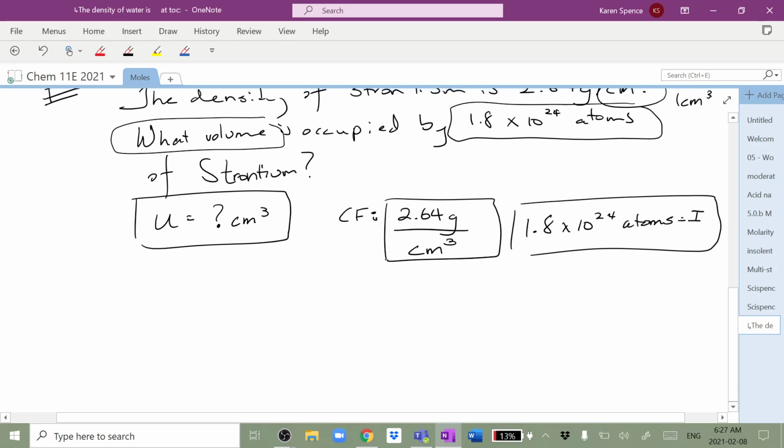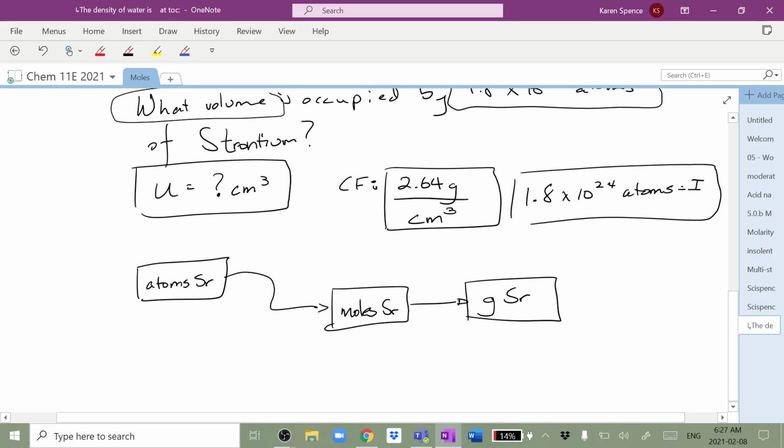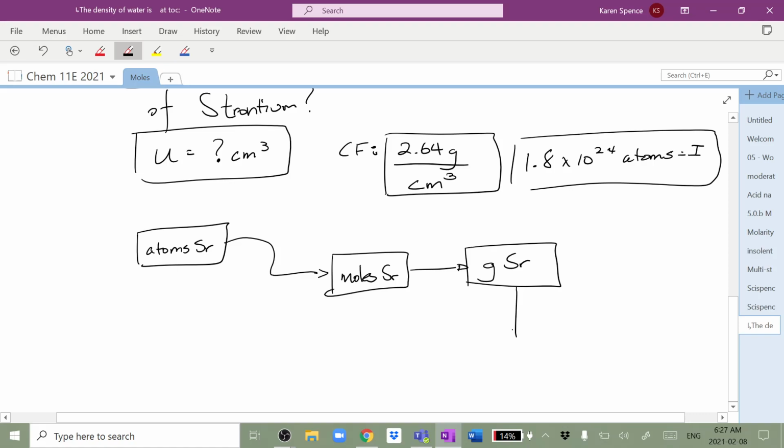So, using our map, we have atoms of strontium. And we just want strontium all the way across so we don't have to worry about going up and down. So atoms of strontium can become moles of strontium, which can become grams of strontium, which can become volume of strontium.